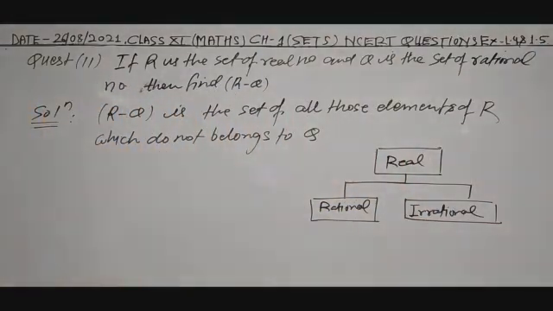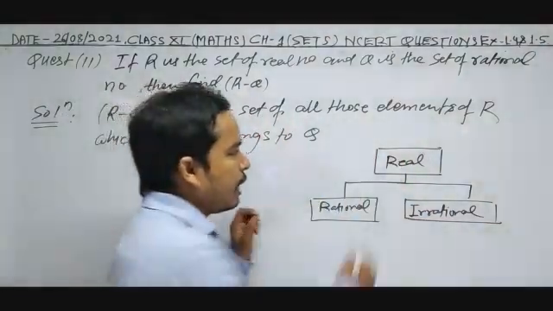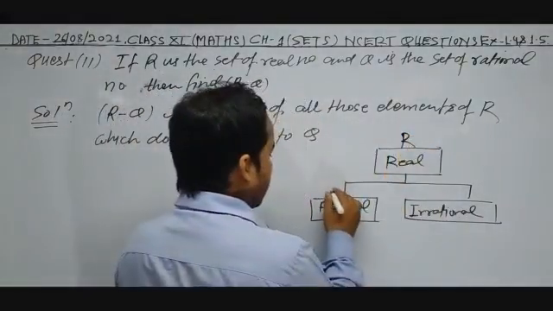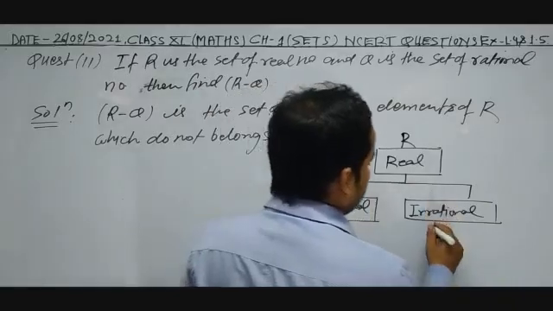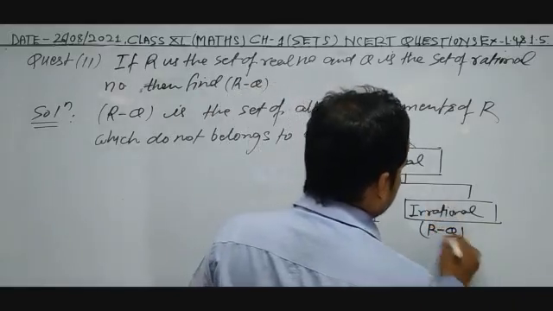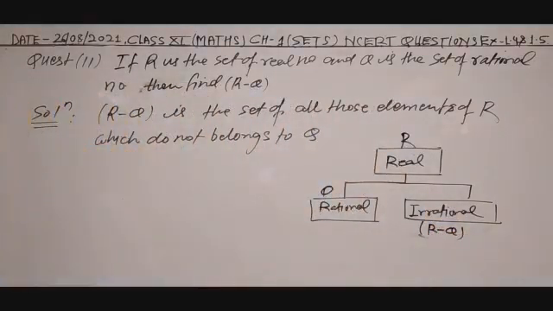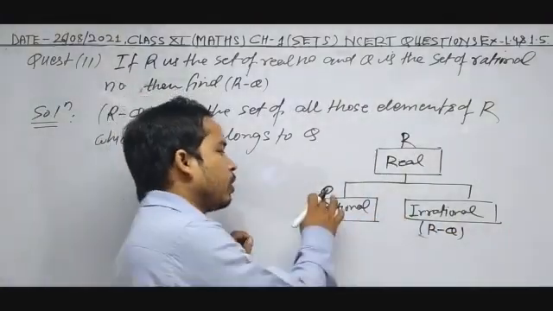So this is R, this is Q, and this is R minus Q. Because the combination of rational and irrational is real.